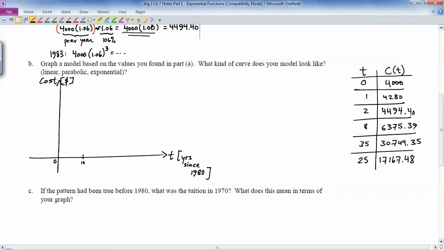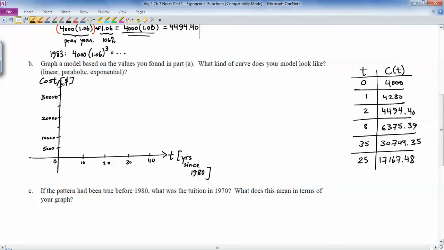So 10, 20, 30, 40. And then the costs went from 4,000 all the way up to 30,000. So let's do 5, 10, 15, 20, 25, 30, 35. So 5,000, 10,000, and then I'll skip up to 20,000, and then 30,000 up here.